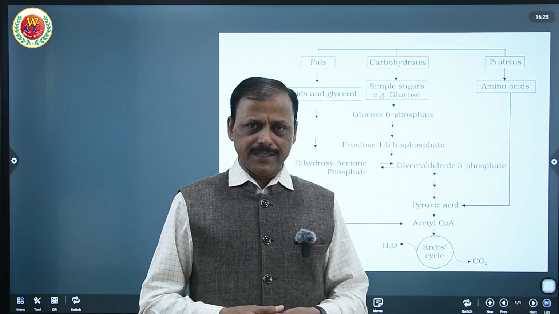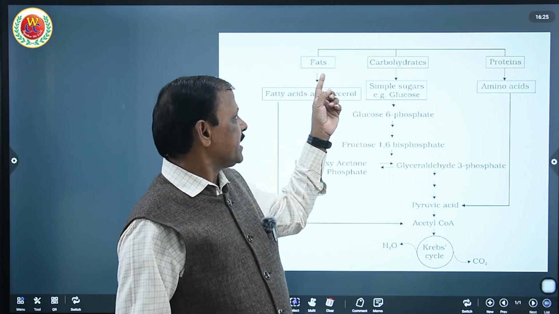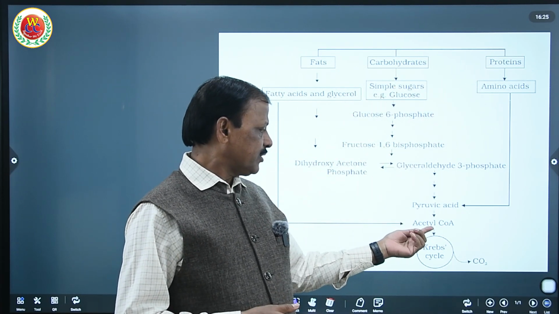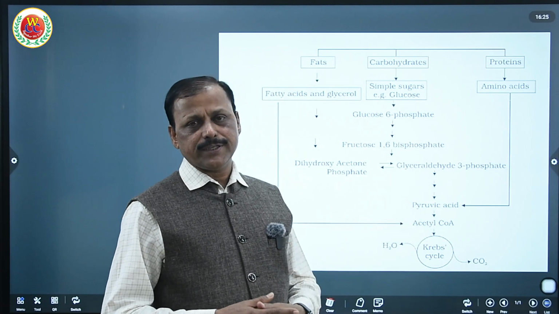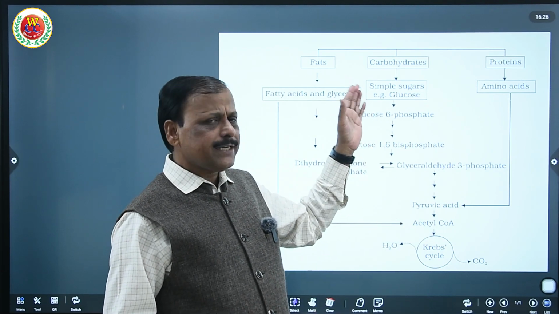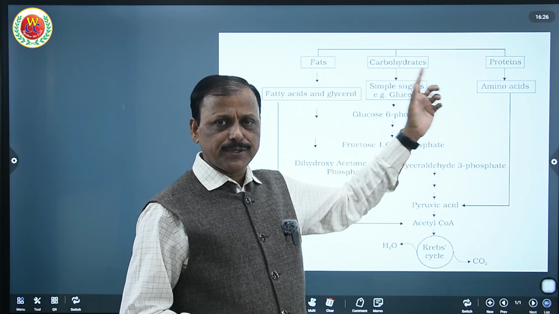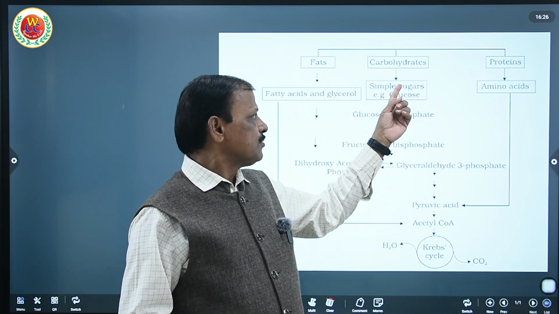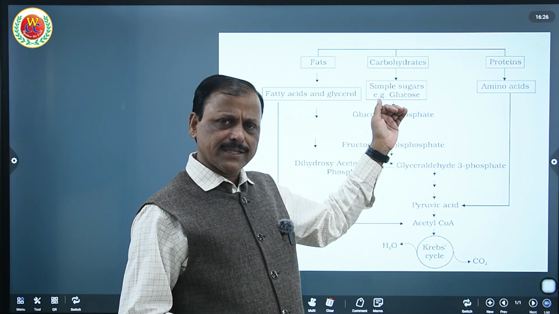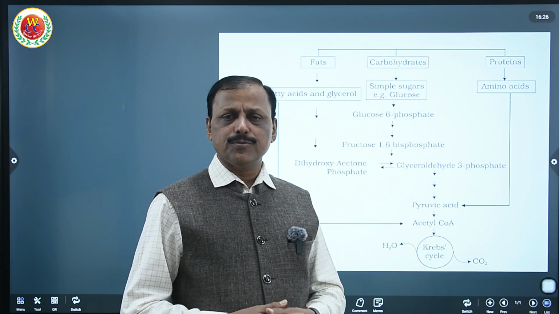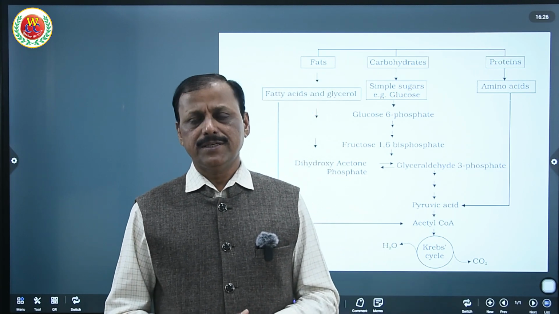It is shown here that fat, carbohydrate and protein are being oxidized, and finally the common product is acetyl-CoA. So I explained why glucose is oxidized first, then fat and then protein. As glucose requires less oxygen, it immediately gets oxidized and releases that energy during the process, which is required for our normal metabolism.